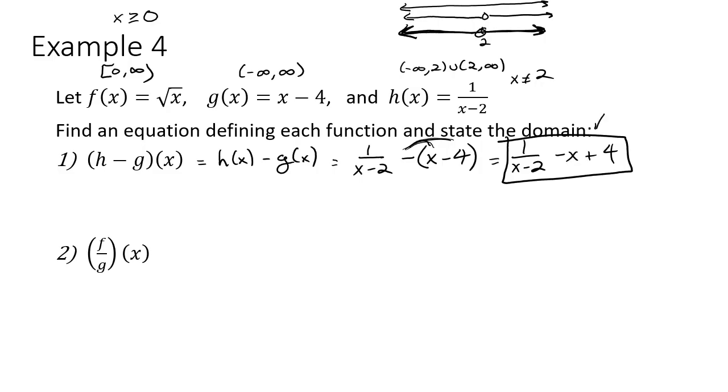And that makes sense by looking at our final answer here, because 2 would still cause us to divide by 0 in this combination. So the domain of h minus g would be negative infinity to positive 2 unioned with 2 to positive infinity.